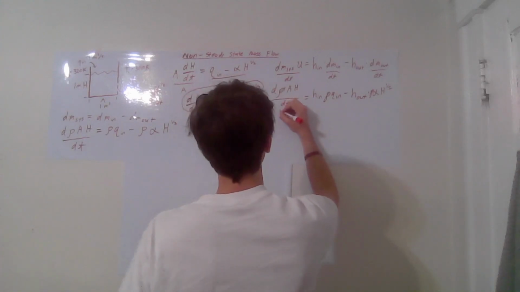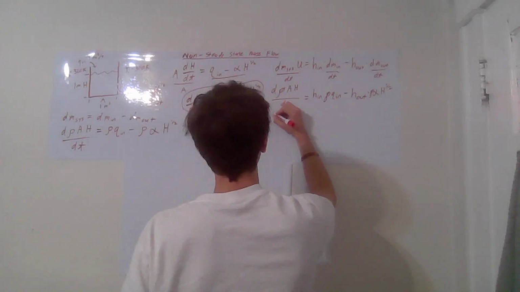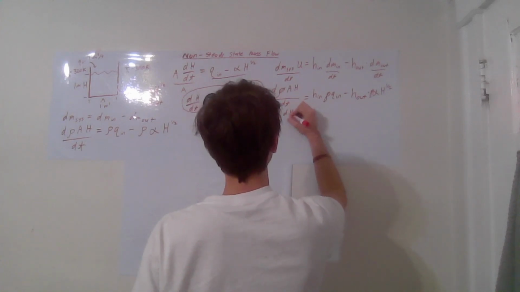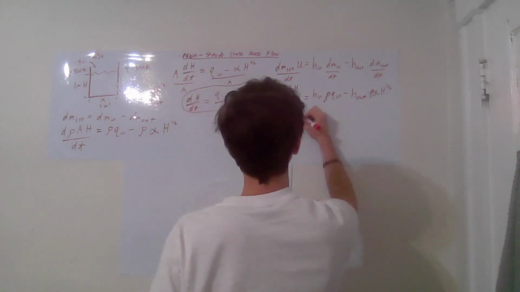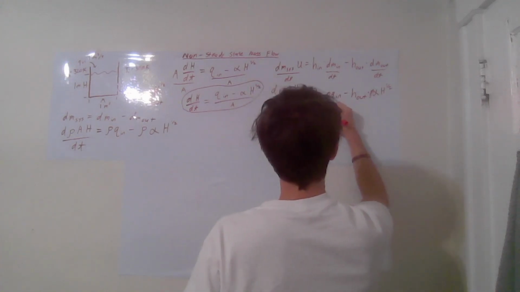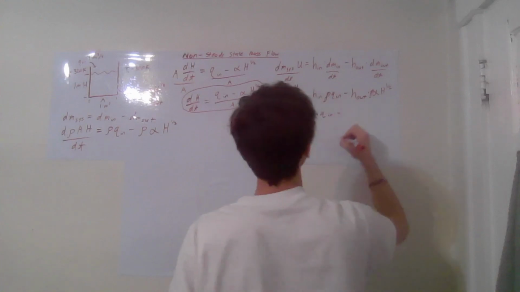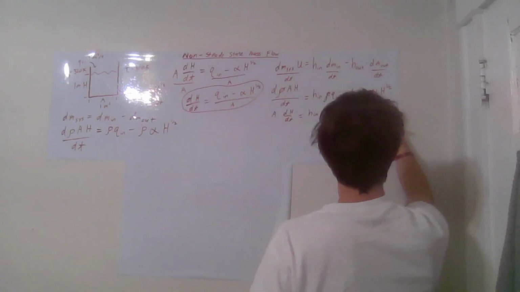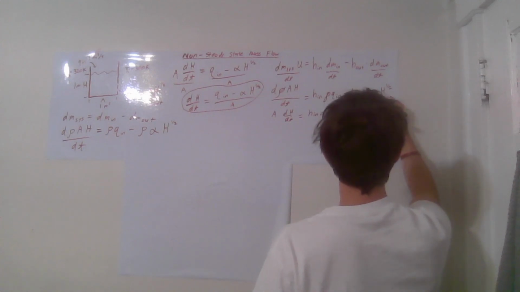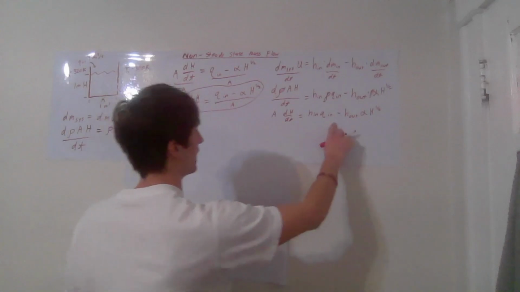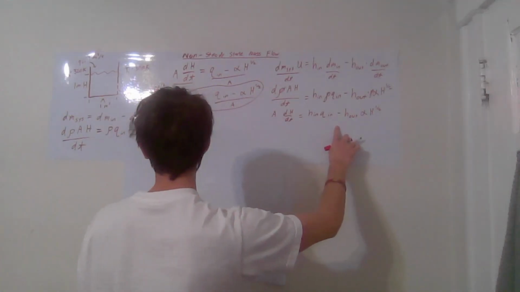And what we're left with is again our A dH dt equals enthalpy in times the flow rate in minus enthalpy out times alpha h to the 1/2. And you divide by A again as well.